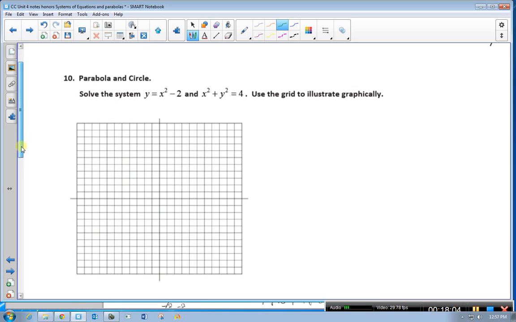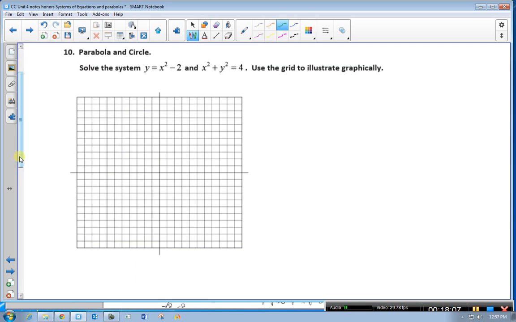All right, one last one. Parabola and circle. So we have y equals x squared minus 2. We are just going to plug that in to there. So we have x squared plus x squared minus 2 squared equals 4.